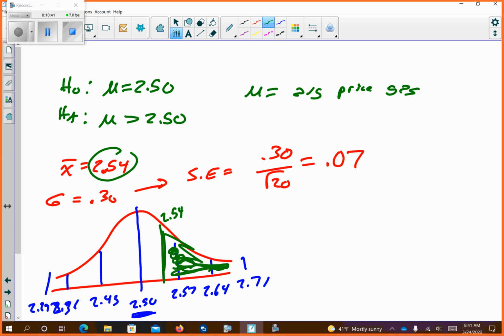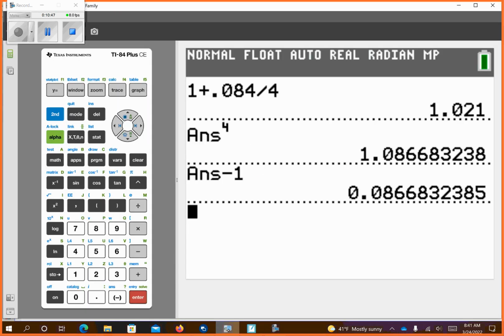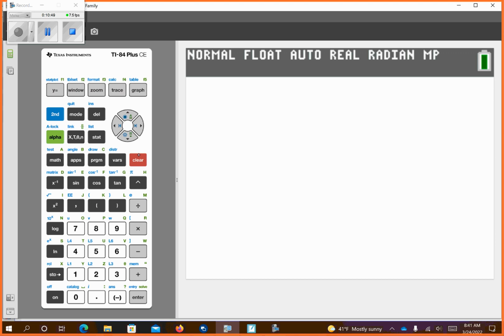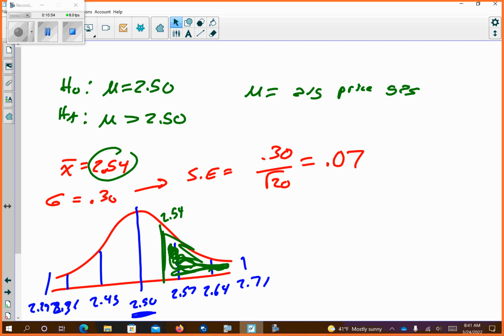Okay, so now there's a new calculator command that we're going to go to. I have to bring up my calculator. So yes, it's there. Cool. All right. So before I get to that, go back here. So what we're going to do is TCDF, I believe, is what it is.